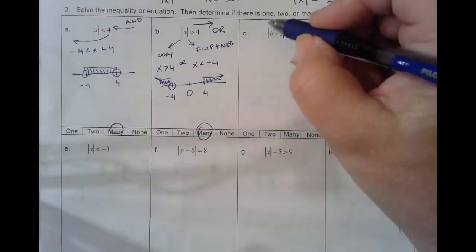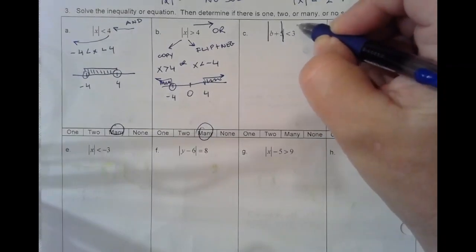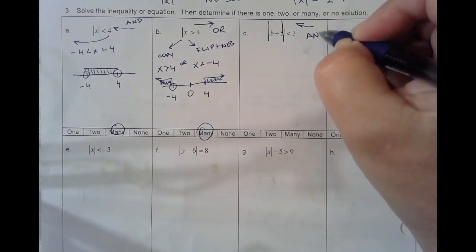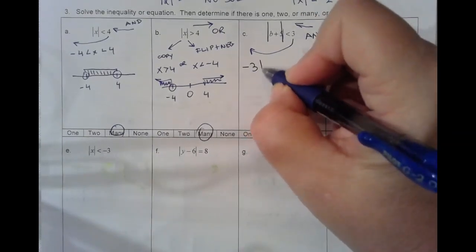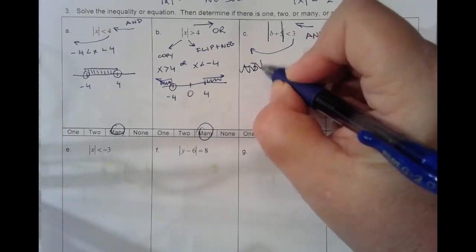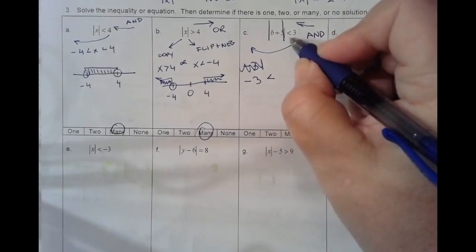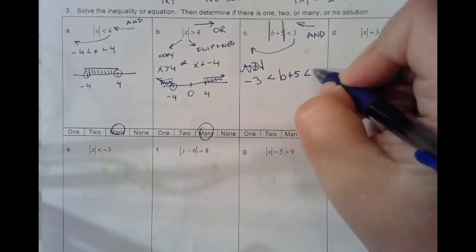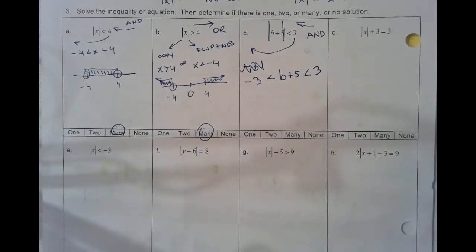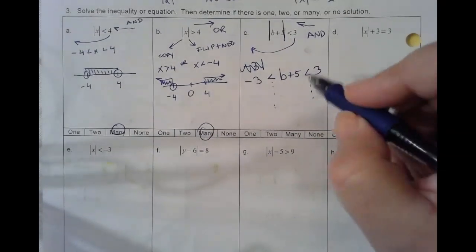Next, b plus 5, so my absolute value is by itself. This is pointing in, so this is an AND statement. And remember, we have the negative coming in front, and I copy the rest. Negative 3 less than b plus 5 less than 3. And so now, whatever I do to the middle, I need to make sure I do to both ends.